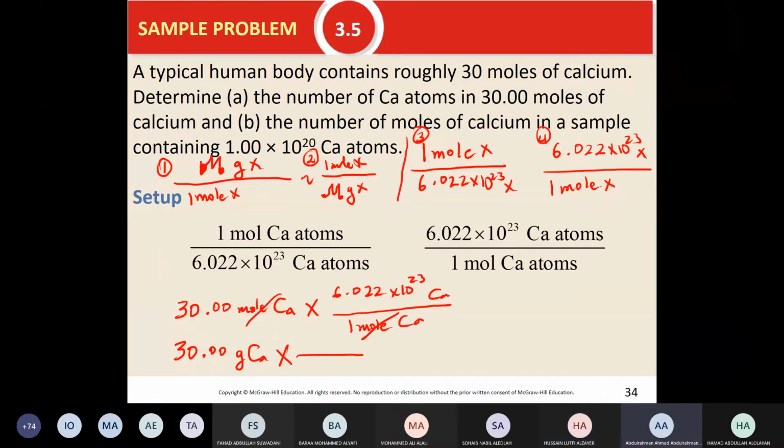What should I write at the top? 1 mole calcium. What should I write at the bottom? Molar mass. Give me the numbers. 30 gram of calcium. No, wrong. 40.08. You should go to your periodic table.